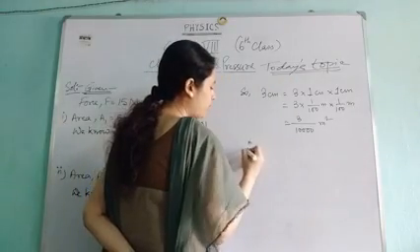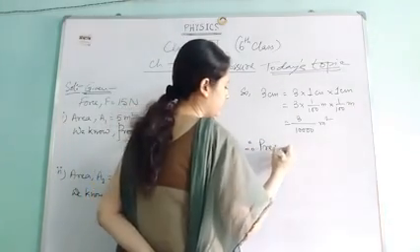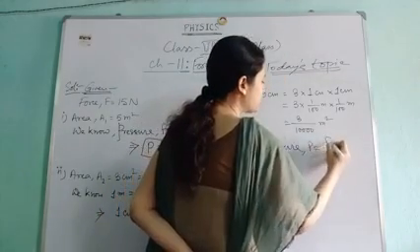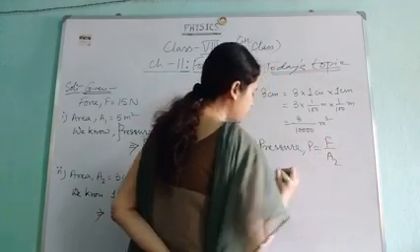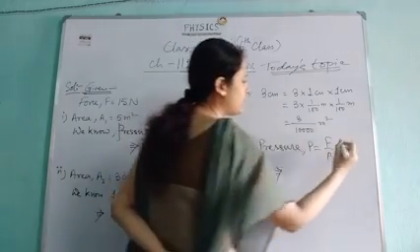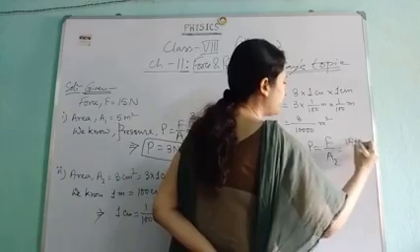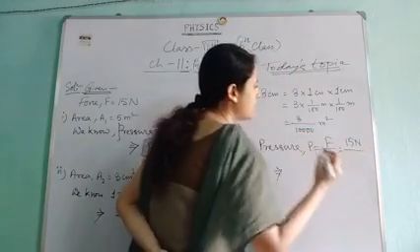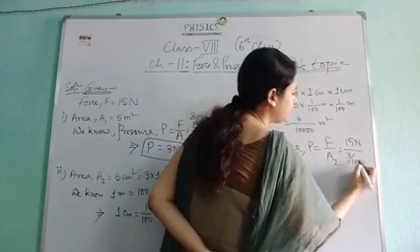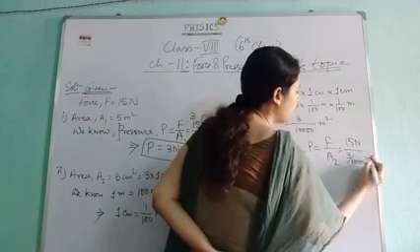So now we will be solving it. Therefore pressure P equals F by A2. F is given, 15 Newton, and area is given, 3 by 10,000 meters square.